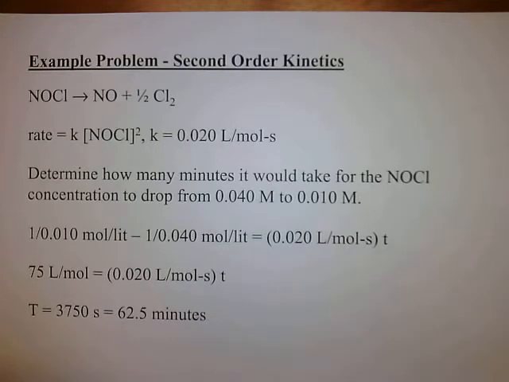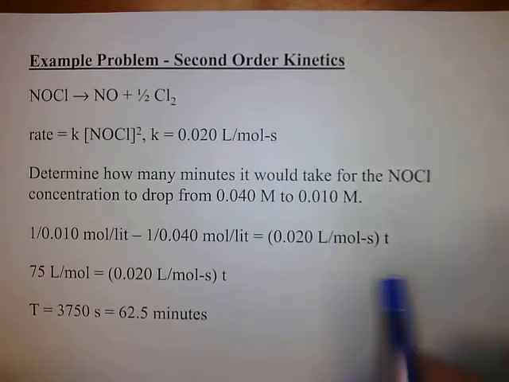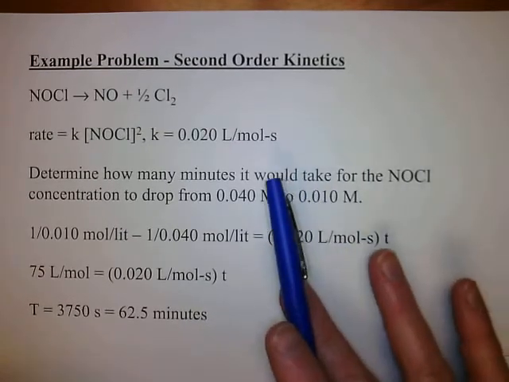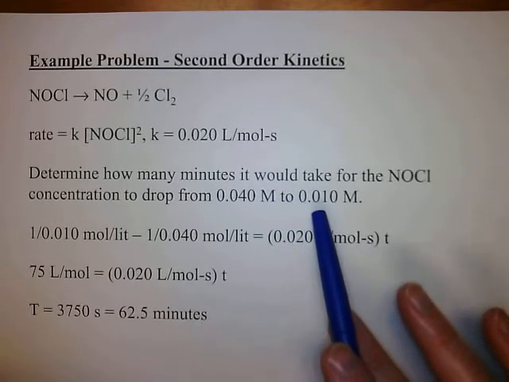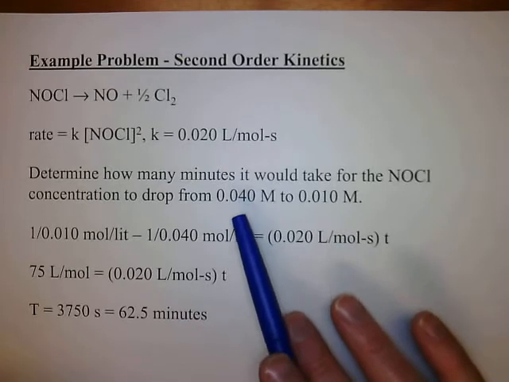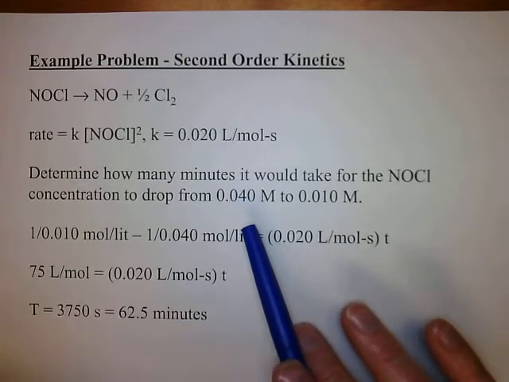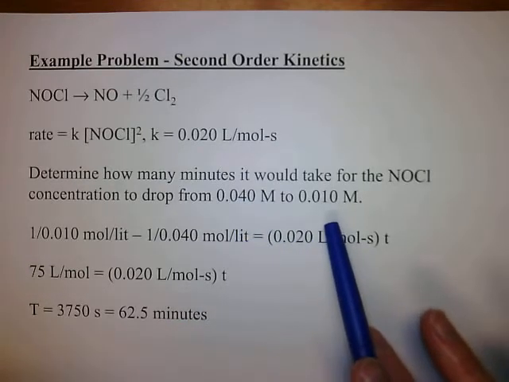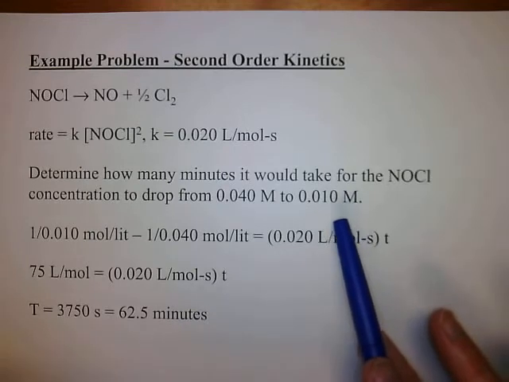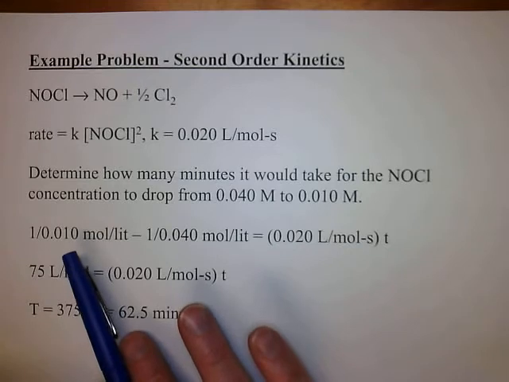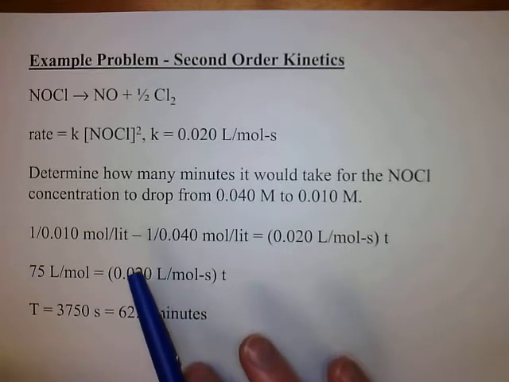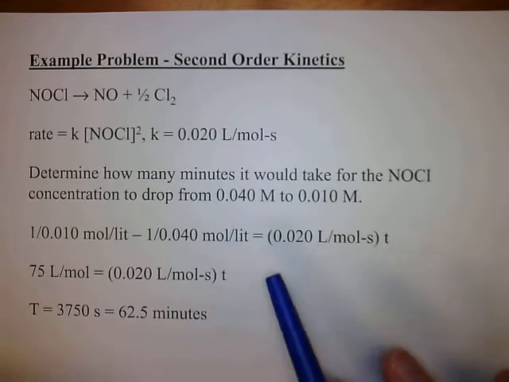Okay, so first thing we want to know here is, how many minutes will it take for the concentration to drop from 0.040 to 0.010. Okay, so we take 1 over 0.010 minus 1 over 0.040.